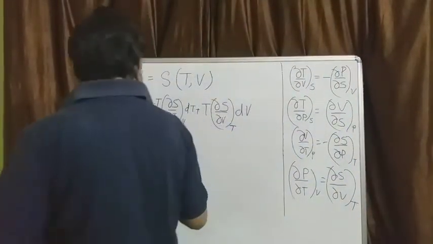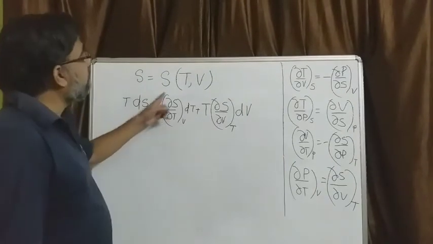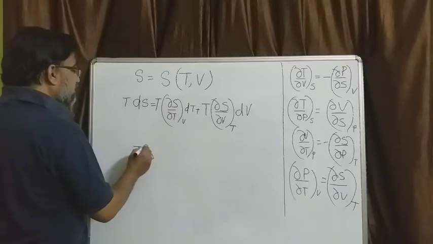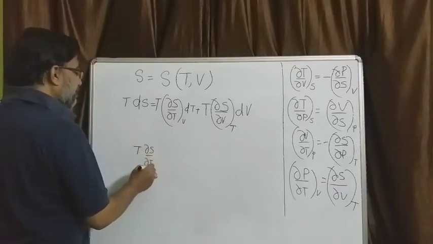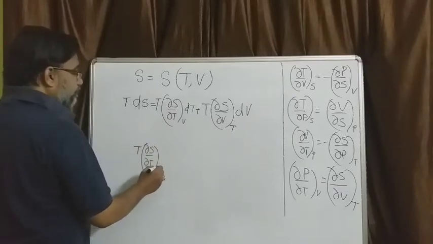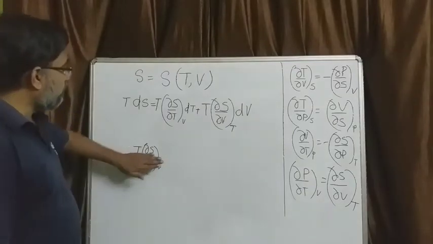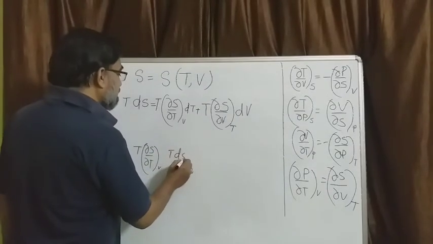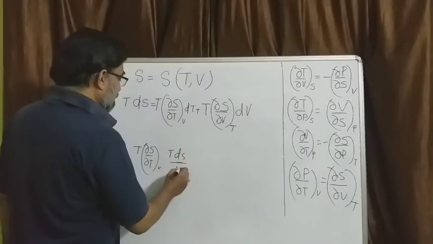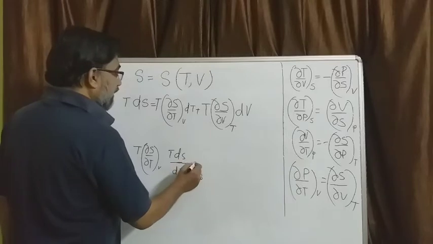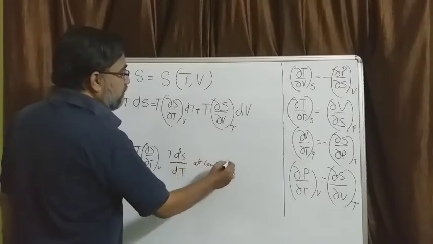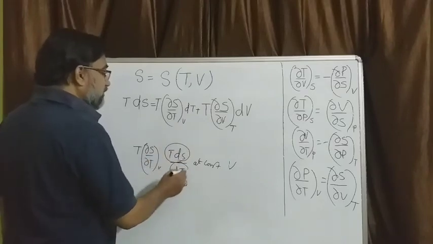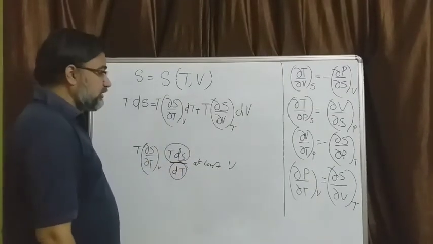Okay. Now, what is this? Look at this term. T del s del t v. What is this? T ds. So it is like T ds by dt at constant v. What is this? This is amount of heat divided by the temperature.